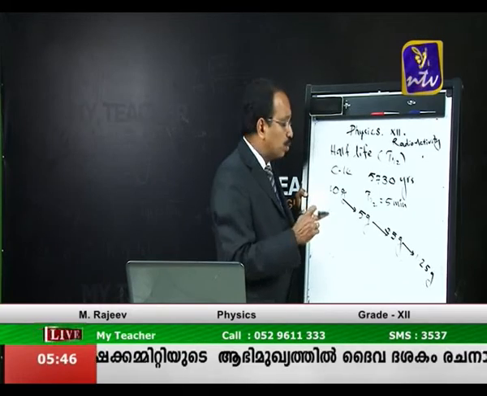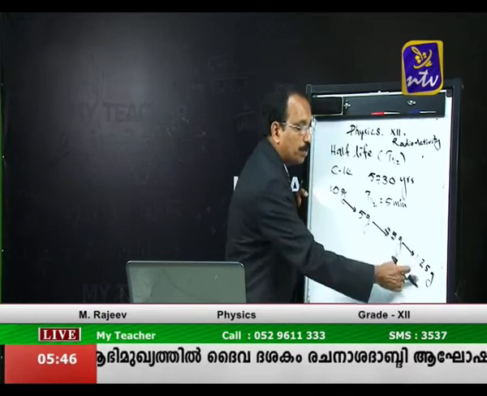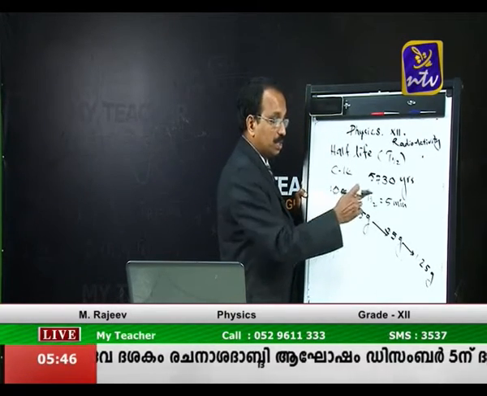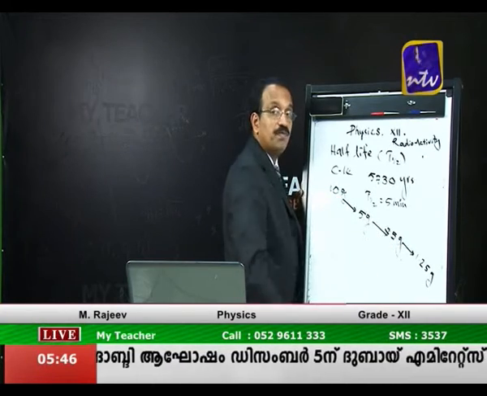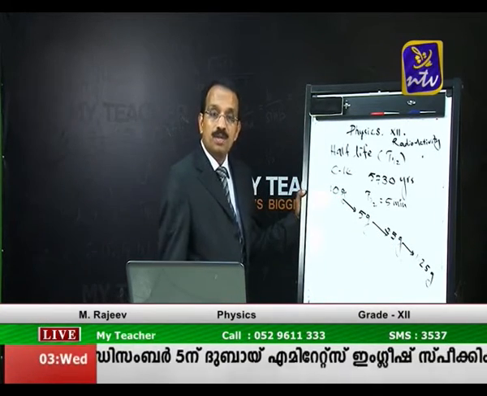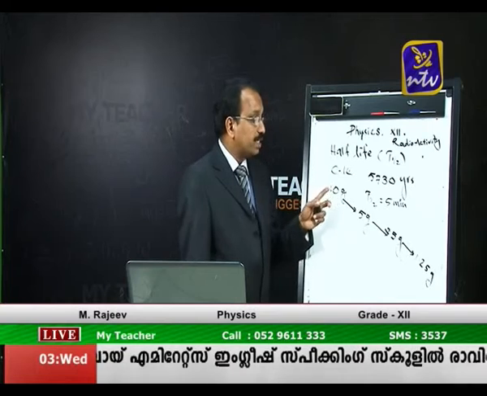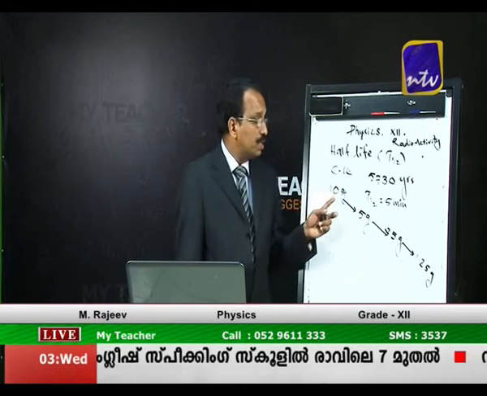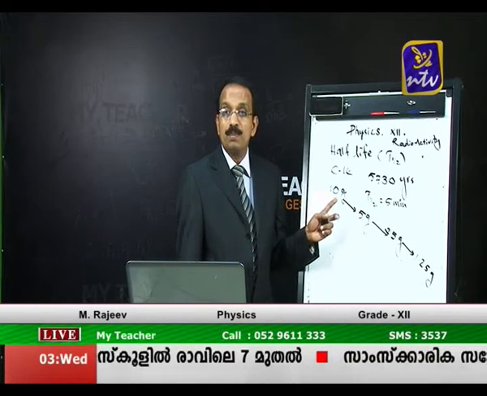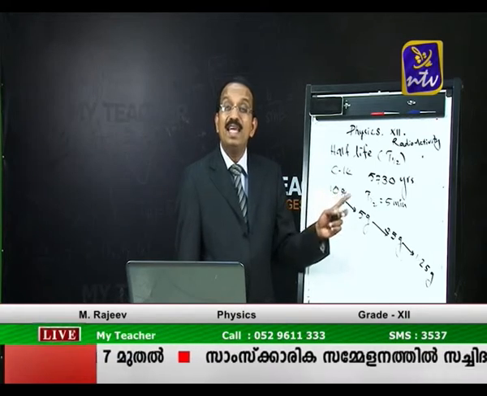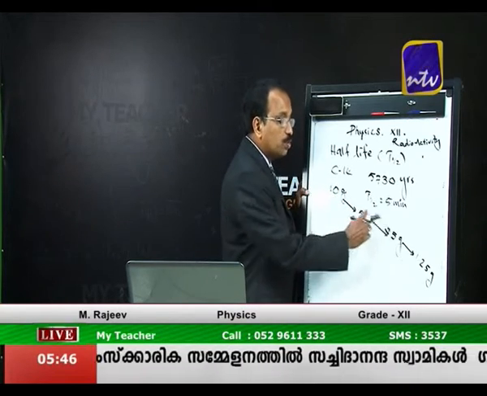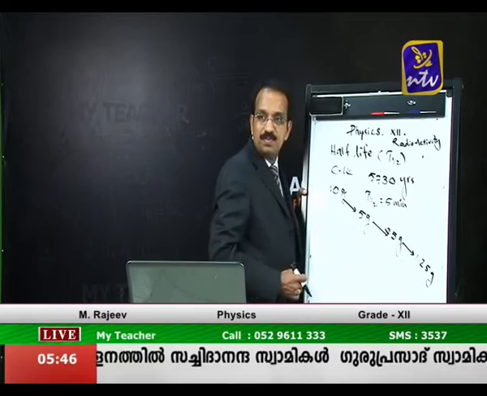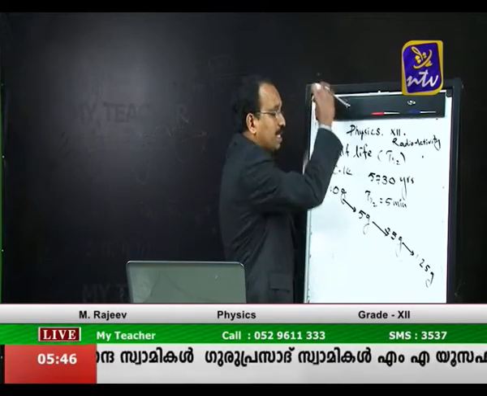So, how much time does it take to go from 10 grams to 1.25 grams? 5 plus 5 plus 5, 15 minutes. So, in 15 minutes, the radioactive substance of half-life 5 minutes will become 1/8. This is a half, this is 1/4, this is 1/8. So, we can generalize that way.